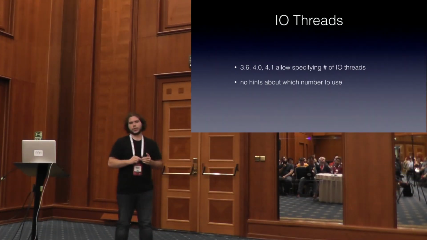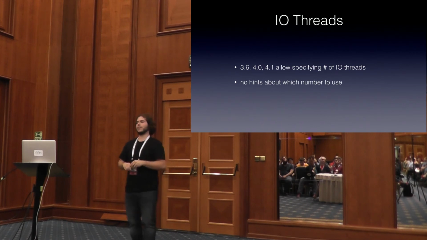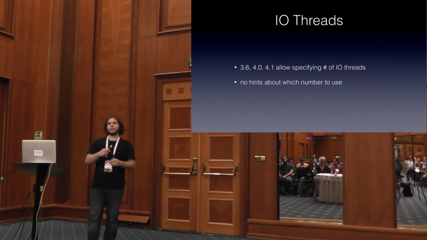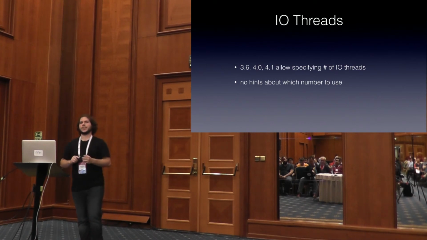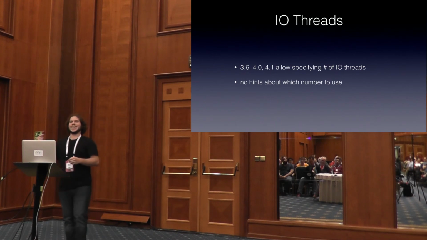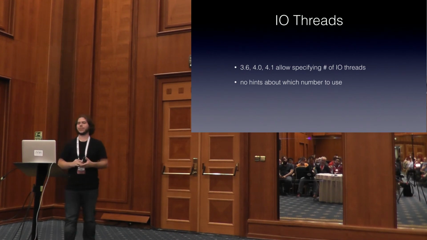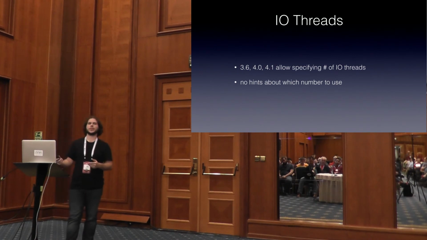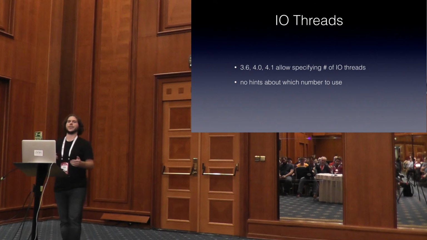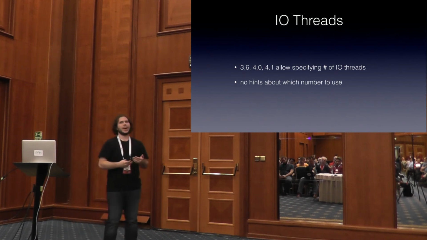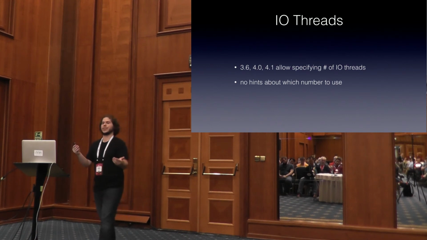Maybe even more interesting topic than disks itself are I/O threads. Because it turns out almost no one, although this is dangerous in this room, but almost no one understands I/O threads in higher level software, let's say. So this is a case of shifting responsibility from one layer to the other layer. We have QEMU that allows you to specify, I think, between 1 and 16 I/O threads, or even whatever number.